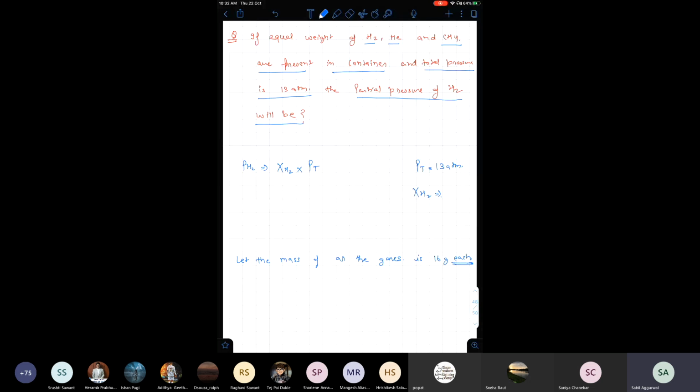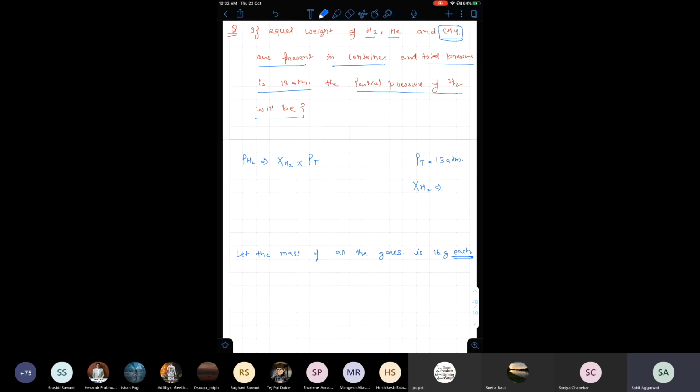Intentionally I'm taking 16 gram because this is the mass of methane. If you take 16, your calculations will become easy. You can easily calculate the moles for each case. Moles of methane will be 16 by 16.